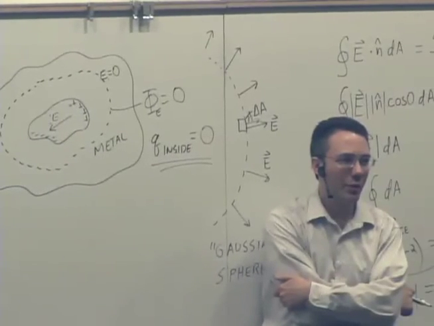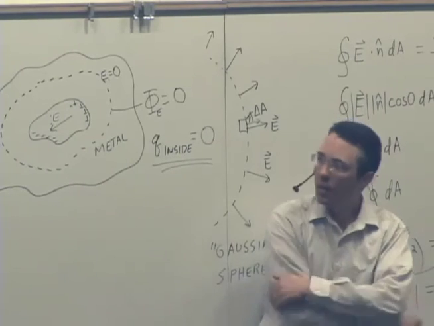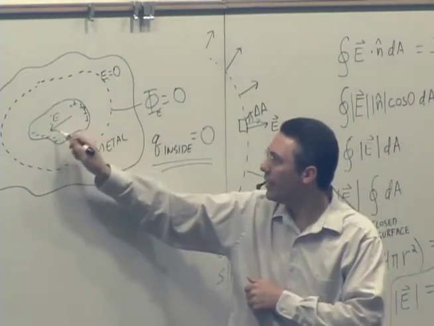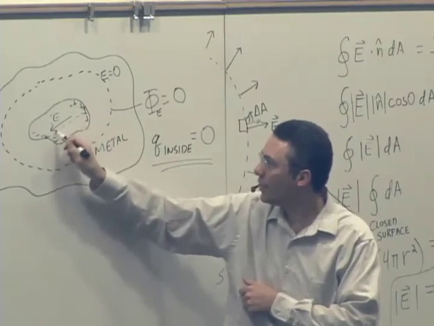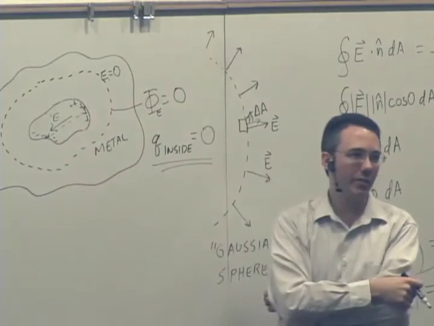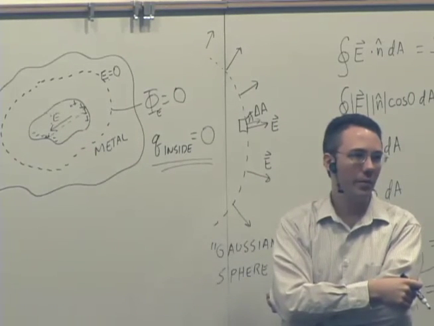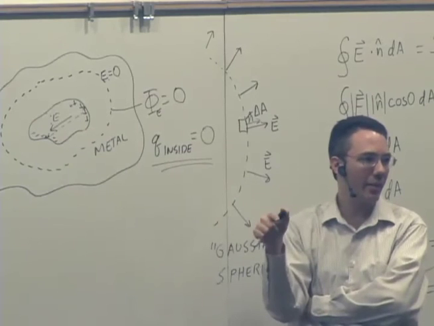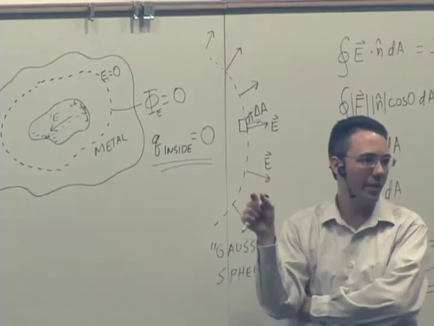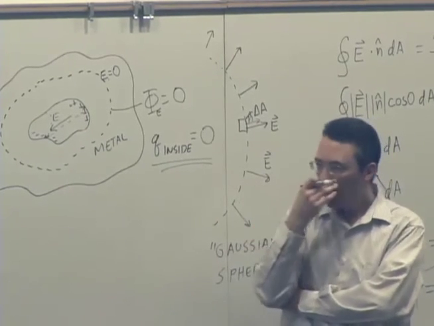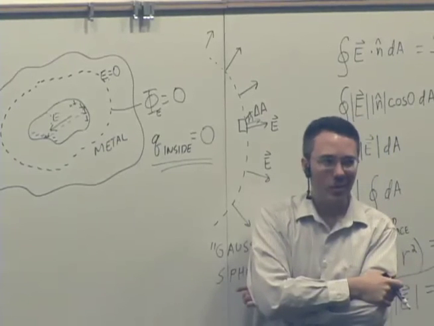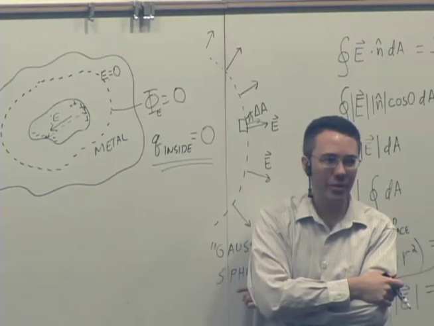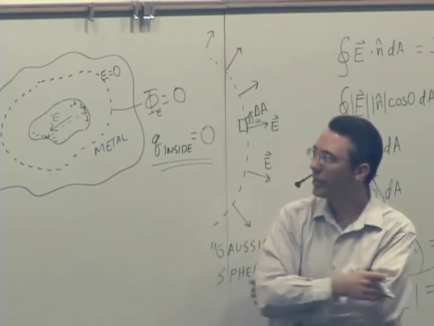What about potential difference? If I go from here to here in the direction of the electric field, the potential difference is going to decrease. So I get a net delta V that is negative, right? Well, is that the only path I could choose? No. What other path could I choose?